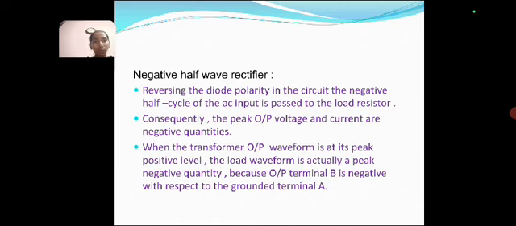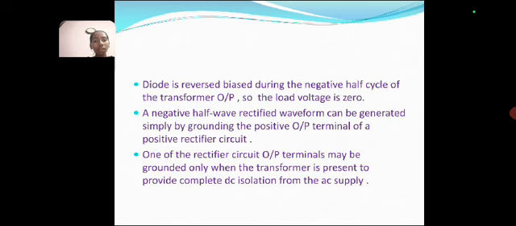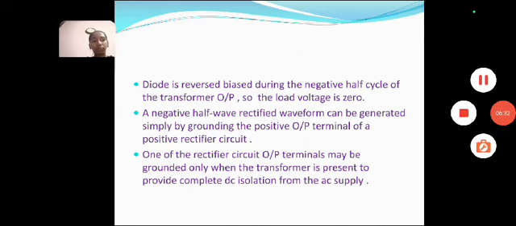Consequently, the peak output voltage and current are negative quantities. When the transformer output waveform is at its peak positive level, the load waveform is actually a peak negative quantity because output terminal B is negative with respect to the grounded terminal A. The diode is reverse biased during the negative half cycles of the transformer output, so the load voltage is 0.